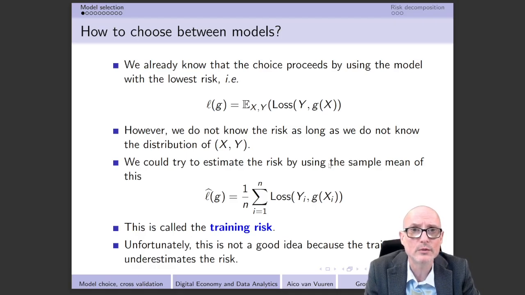Or should we set k a little higher, say 2, 5, or 10? Or maybe a very high level of k, say 50, 100, or even 200 observations closest to the point that we would like to predict? That is an important question, and today we try to understand and answer it.